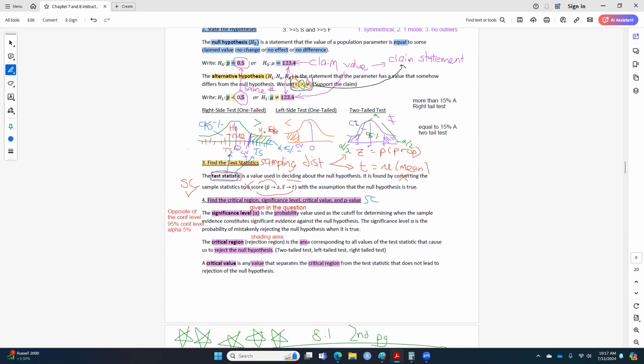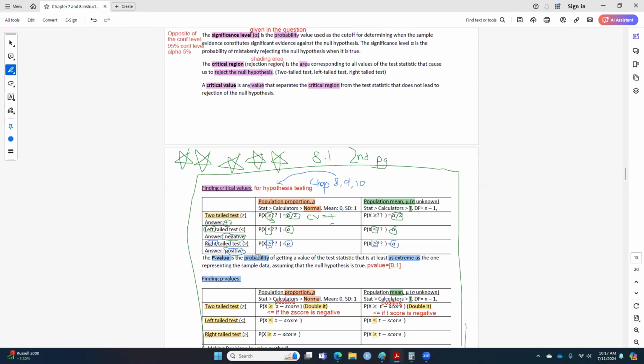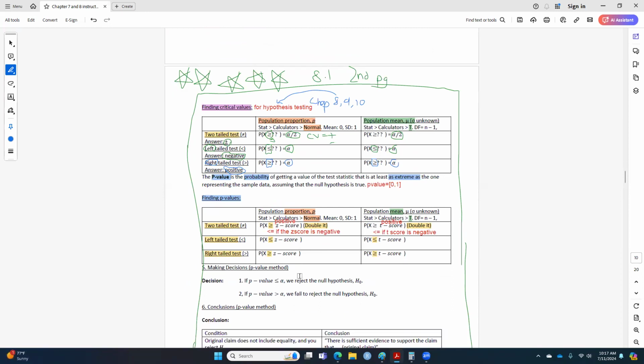Less than means left tail, greater than means right tail, and not equal to means two-tail. If the question asks you to find the critical value, this is the first table you use, and the p-value is the second table to use. And then now is the decision. I forgot to do the decision piece, but I am going to do it right now.